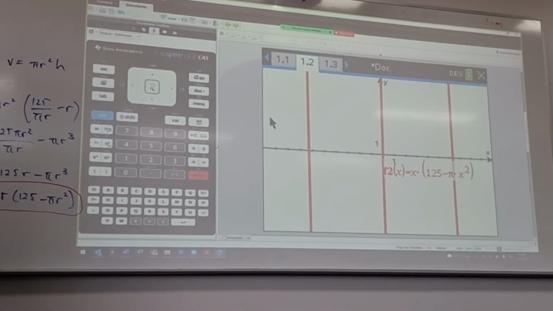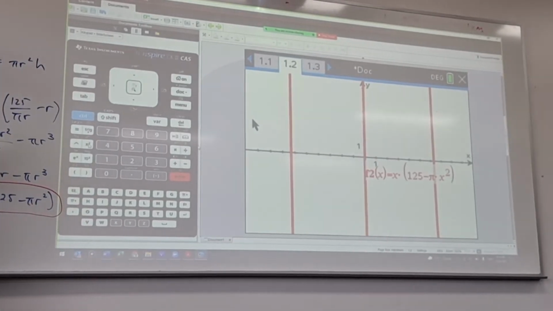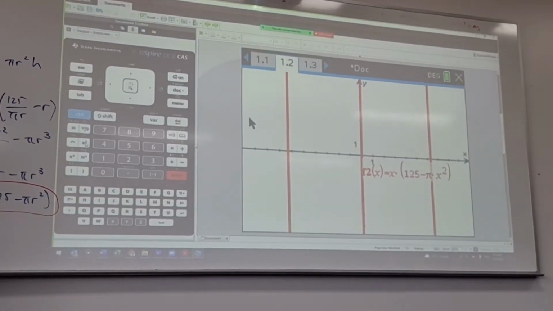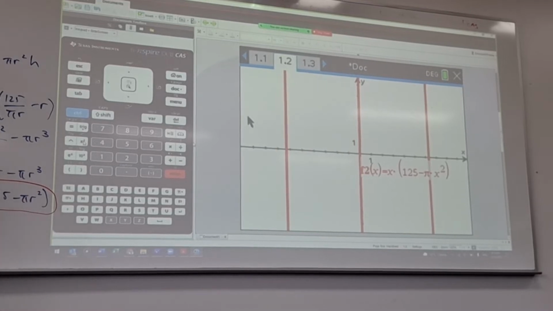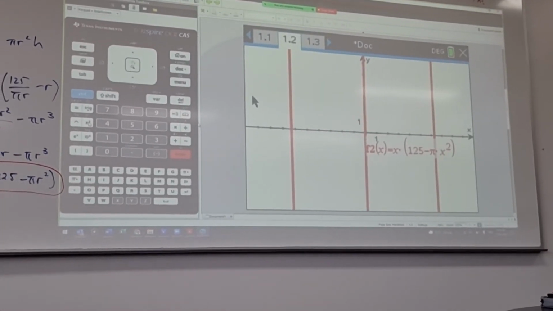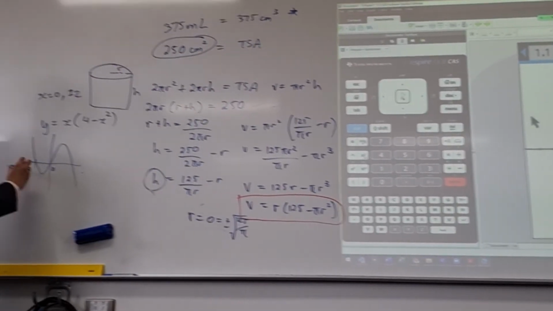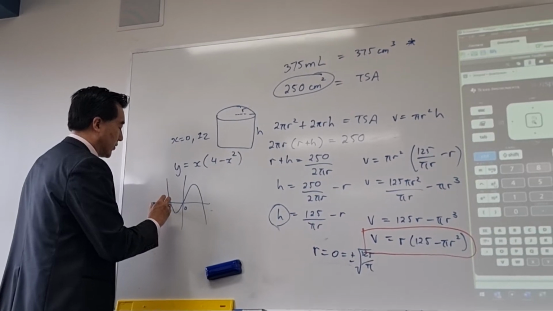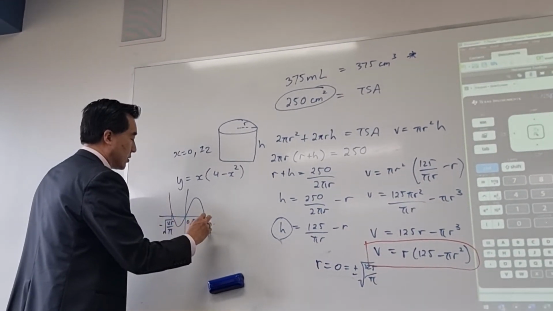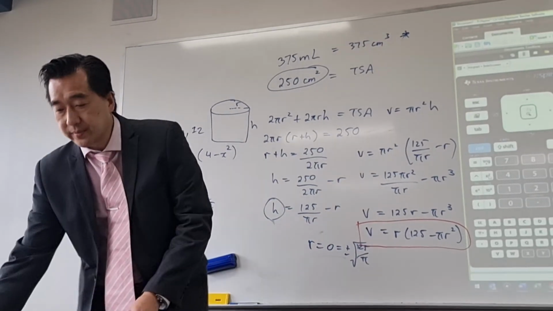And again, you just see 3 vertical lines, which doesn't help. Alright, so we want to zoom out to an appropriate amount so they can make it fit on screen in one go. So again, we would expect, if we change these ones to negative root 125 on pi and positive root 125 on pi. Let's approximate that.